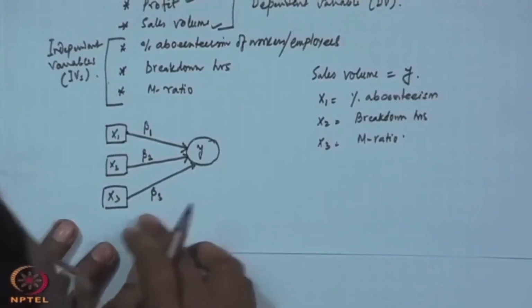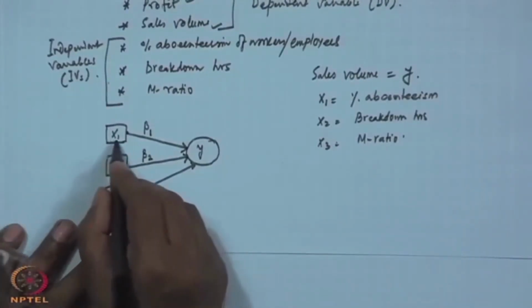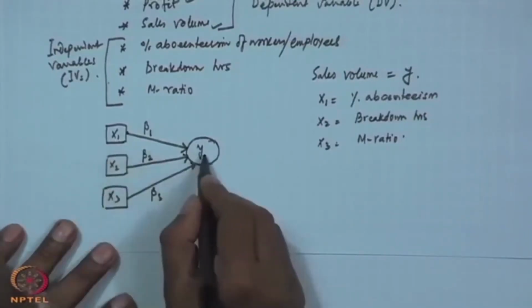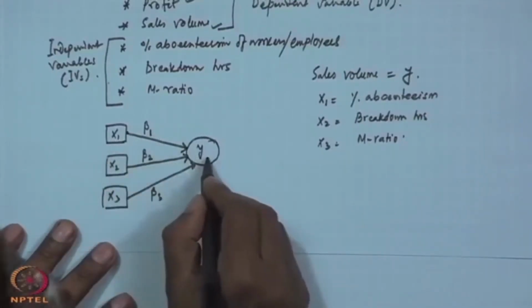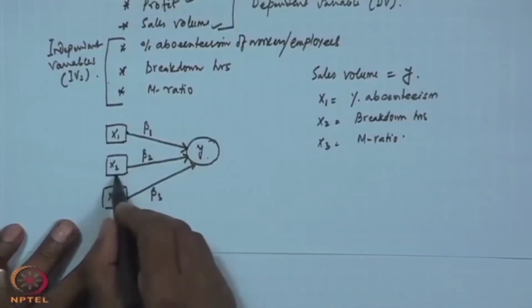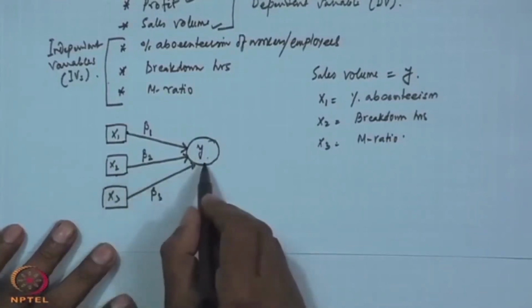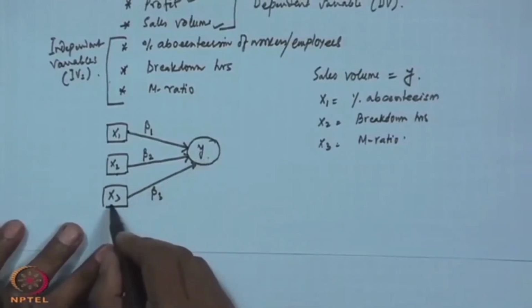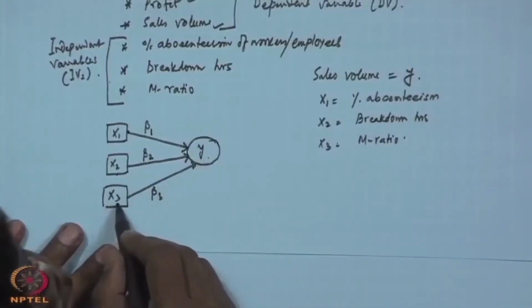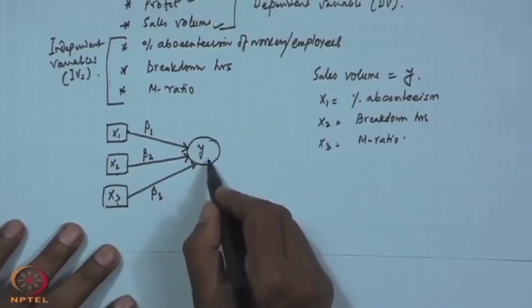What does it mean? If I change 1 unit of x1, there will be beta 1 unit of change in y. If you change 1 unit of x2, there will be beta 2 unit change in y, and if you change 1 unit of x3, there will be beta 3 change in y.